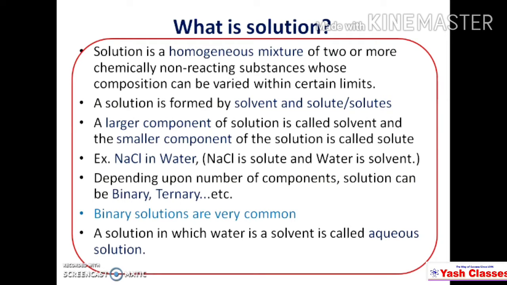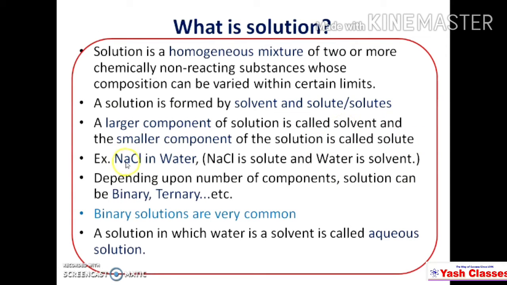The next important point is that a solution is formed by solvent and solute, and solute may be one or more than one, it may be 2, 3, like that. The larger component of a solution is called the solvent, and the smaller component of a solution is called the solute.